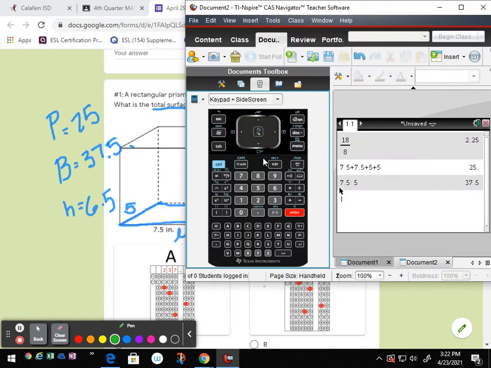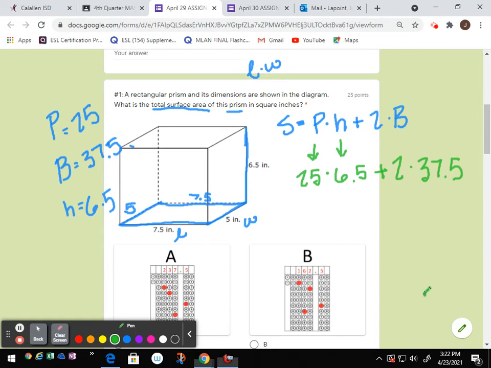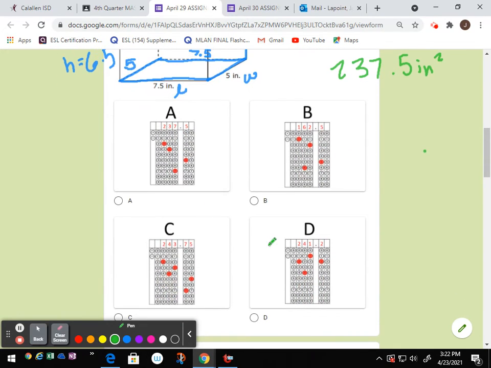Okay, now we type this all into the calculator. 25 times 6.5 plus 2 times 37.5, which is 237.5. Okay, or 237 and 5/10 inches, and we found the total surface area, so our answer is squared. All right, so when we look at our answer choices, we can see that answer choice A is going to be our correct answer because it matches 237.5, which is what we found.